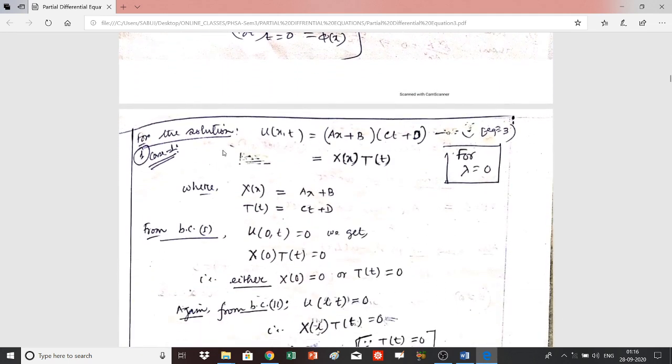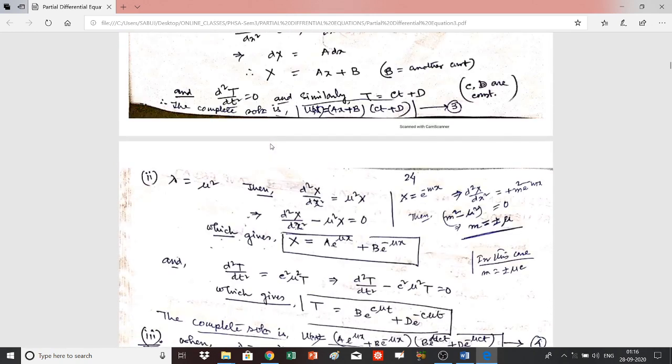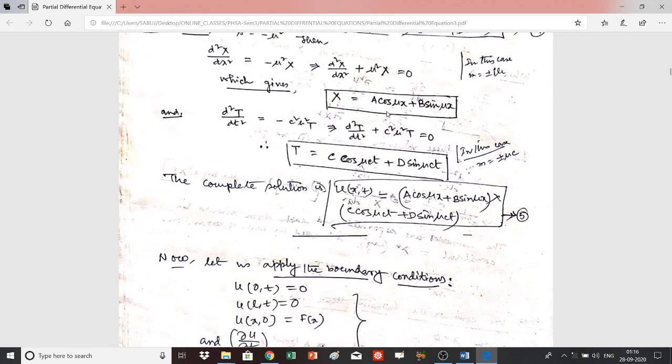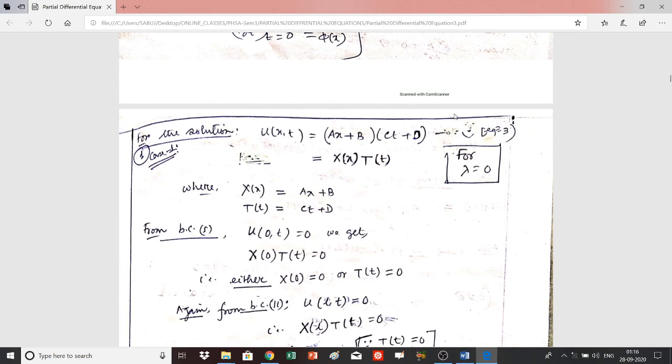Now for the solution u(x,t) that was taken for the first case, in which we have taken the constant lambda, of the three cases we have discussed, in this case u(x,t) = (ax + b)(ct + d), for lambda equal to 0.